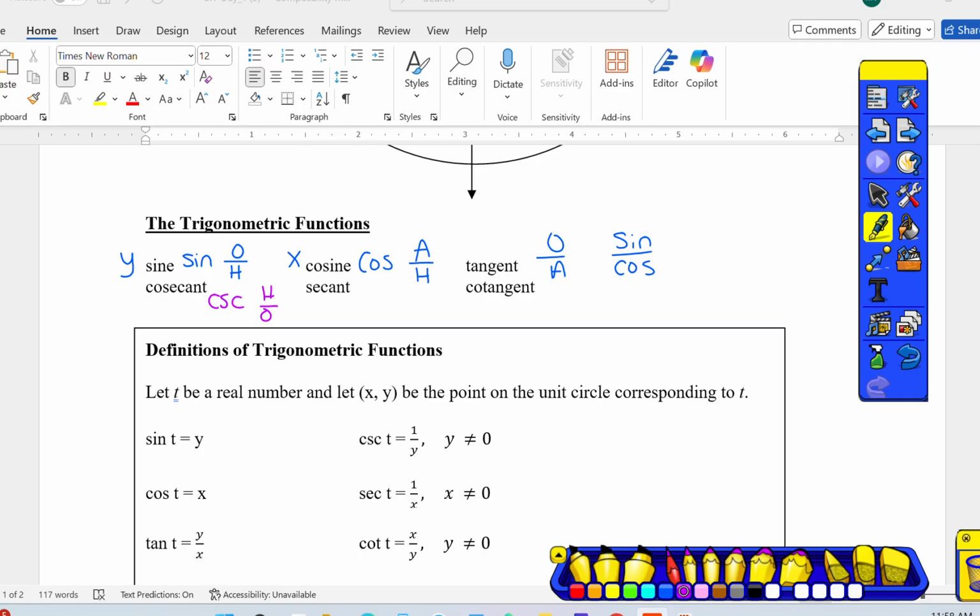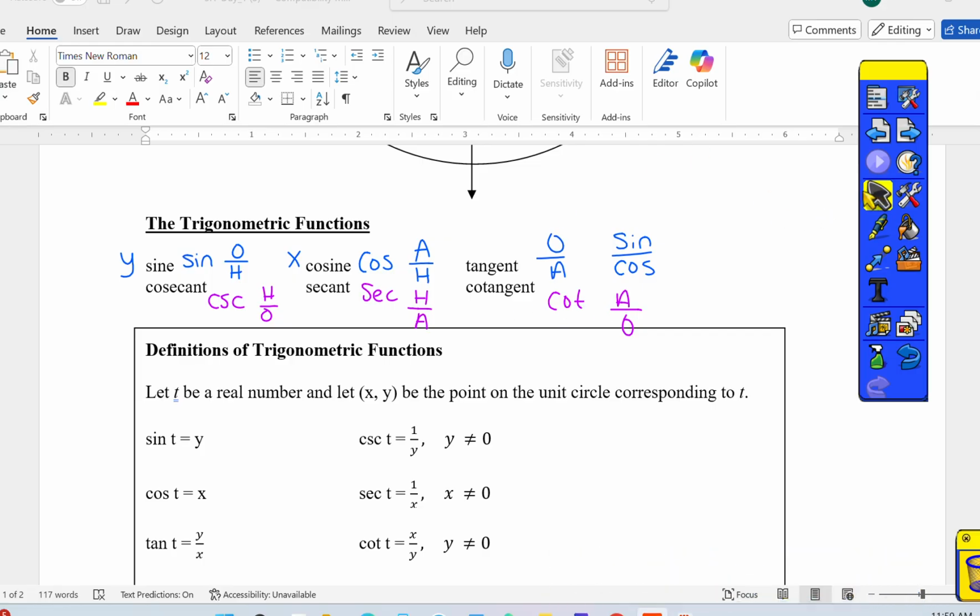Cosine's reciprocal is called secant. We abbreviate that SEC. So that is hypotenuse over adjacent. Then we have cotangent. That is the reciprocal of tangent. That is abbreviated COT. That would be adjacent over opposite.